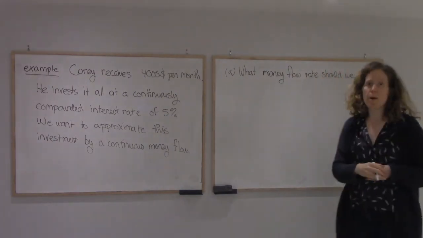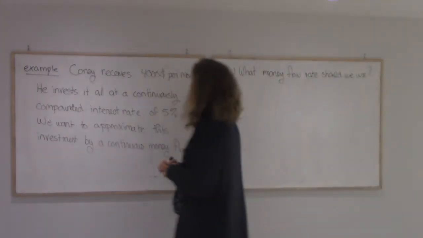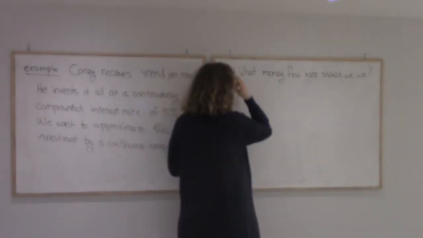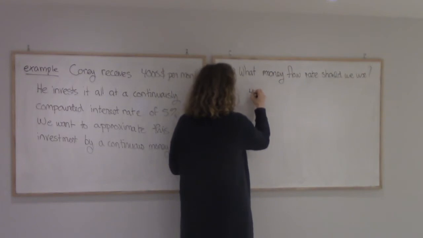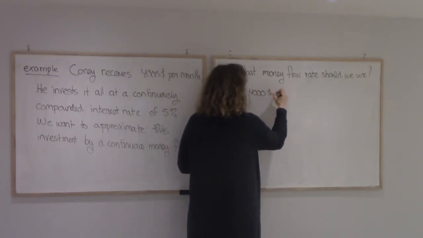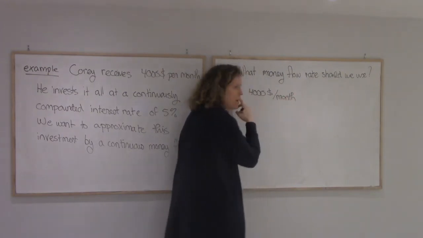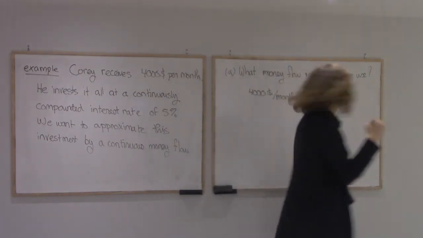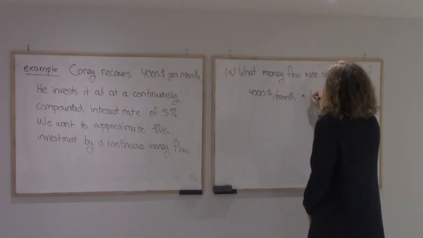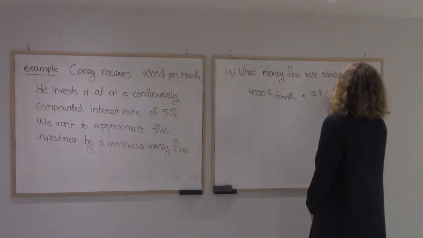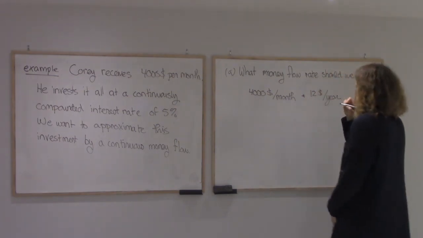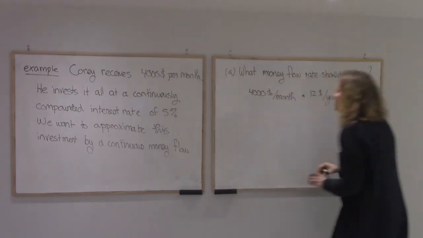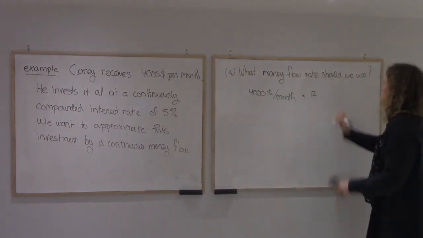So we need to come up with an f of t. We're not given a rate. So we know it's $4,000 a month. But our money rate is in dollars per year, so let's say $4,000 times 12 months per year.